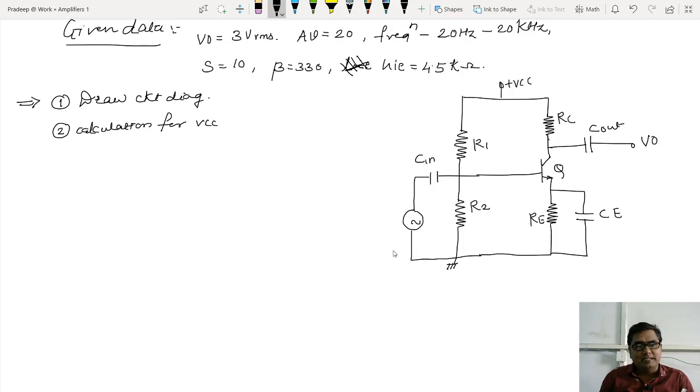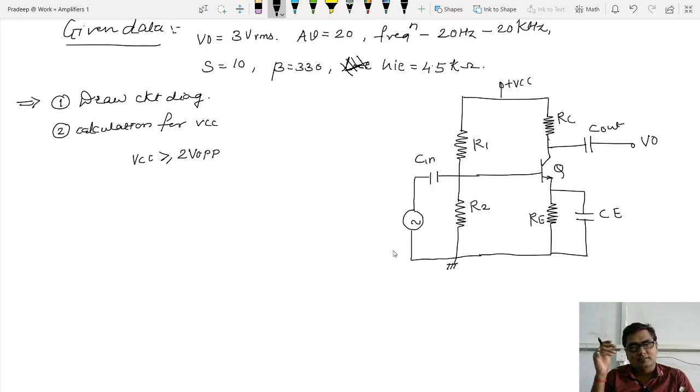Now see, for better operation of this circuit, to settle the Q point exactly at the center, VCC should always be greater than or equal to twice of VO peak to peak. This is not a mandatory condition, but if you have this, then it is always better.